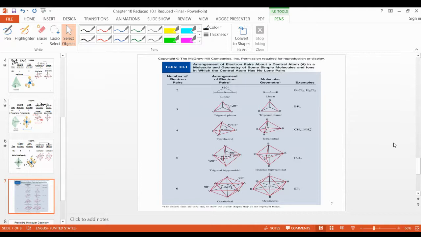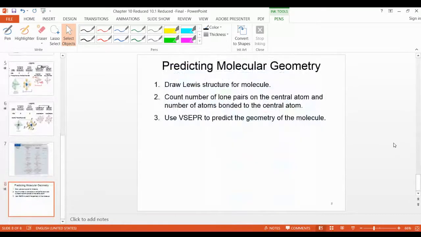That's why I'm telling you, without writing the Lewis structure, you cannot decide the geometry of the molecule. To predict the molecular geometry, these are the rules. Draw the Lewis structure, then count the number of electron pairs on the central atom and the number of atoms bonded to the central atom, and use the VSEPR theory to predict the geometry of the molecule.